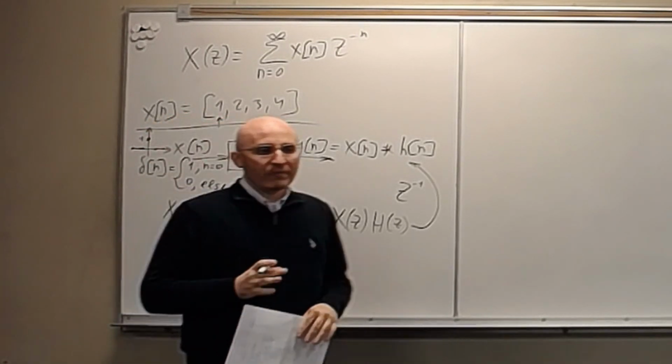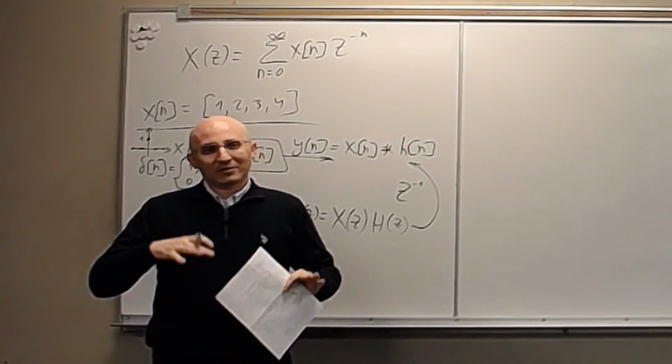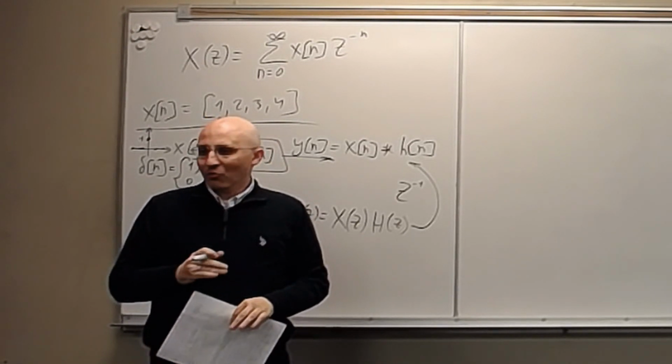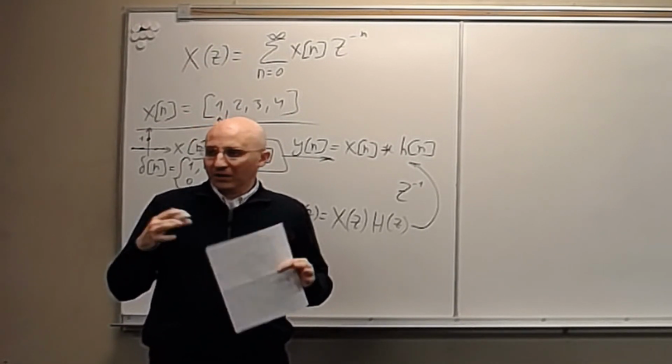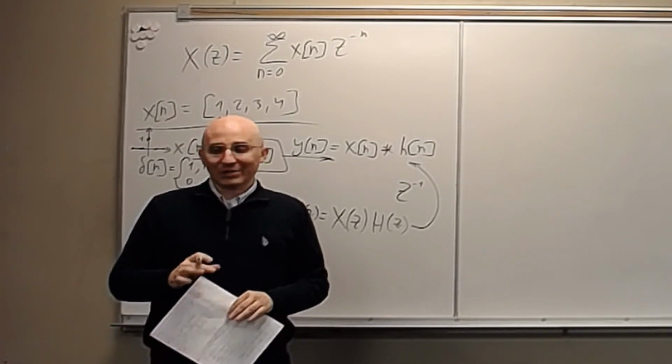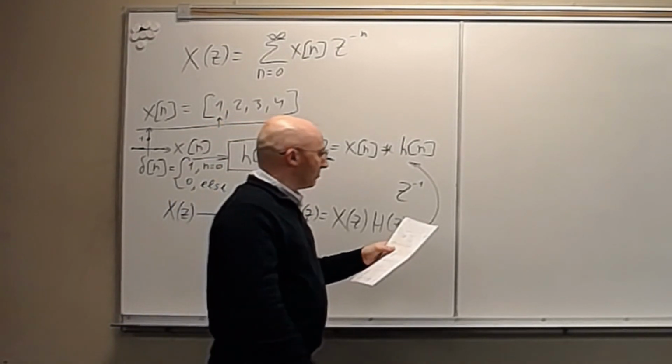So now I want to show you a few examples of questions that are asked on the tests generally, or just interesting in Z domain, and typical tricks that we are using to solve that kind of questions. Okay, so let's start with the first question.